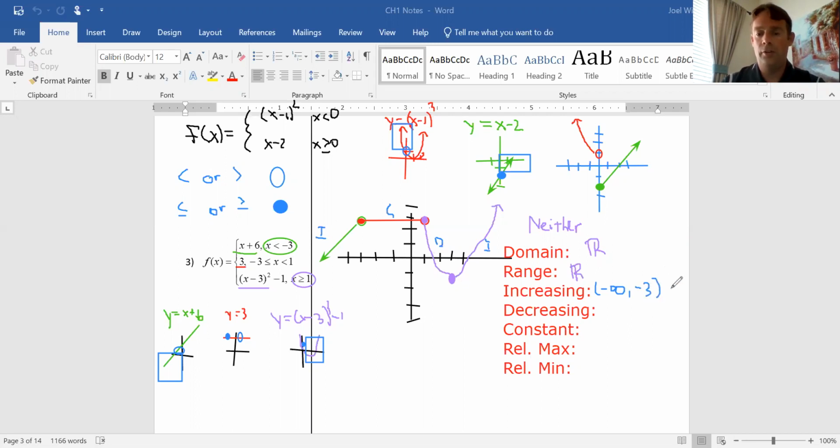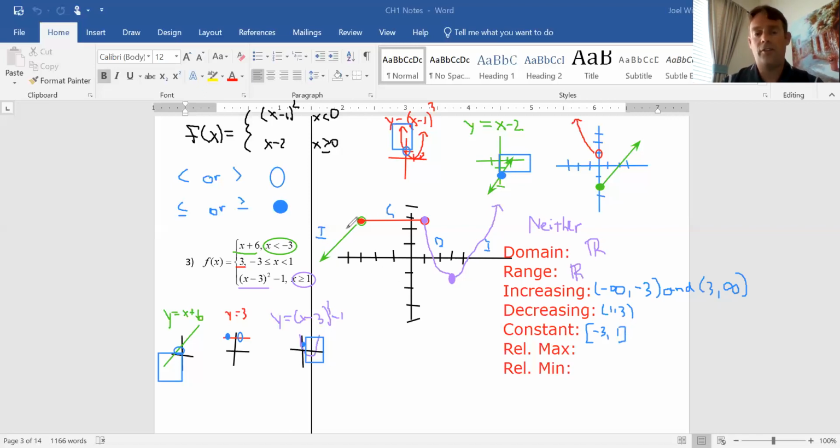And I also had increasing at the end there from 3 to infinity. Decreasing is this little part right there. So I'm decreasing from 1 to 3. Notice this time we do have a constant value. So constants, they're going to get the bracket. So I'm constant from -3 to 1.